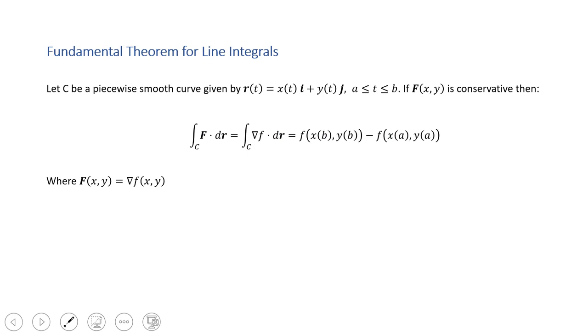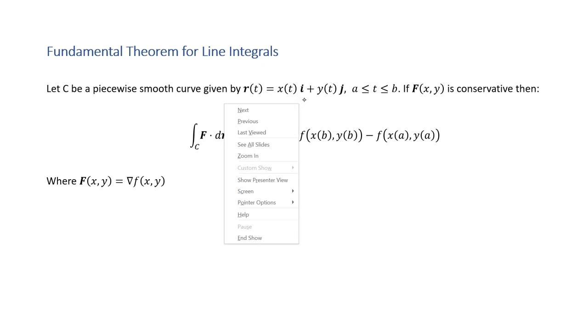This theorem says, if we have a piecewise smooth curve given by r equals x of t i plus y of t j, a vector valued function, and we have a vector field that is conservative, a vector field that is equal to the gradient of another function, here it is on the bottom of the screen. So piecewise smooth curve, conservative vector field.